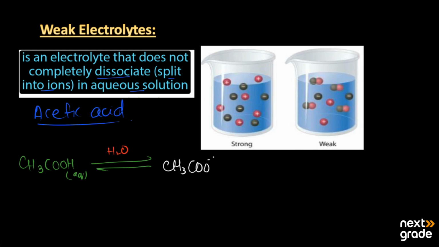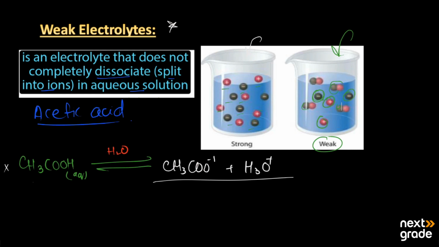It forms the acetate ion along with the hydronium ion. So it is not dissociated into its ions completely. That is why it is called a weak electrolyte. Here you can see that when we put a strong electrolyte in water, it produces a large number of ions. On the other hand, when we put in a weak electrolyte, it produces very few ions. So the weak electrolytes conduct electricity to some extent, whereas the strong electrolyte conducts electricity very well.